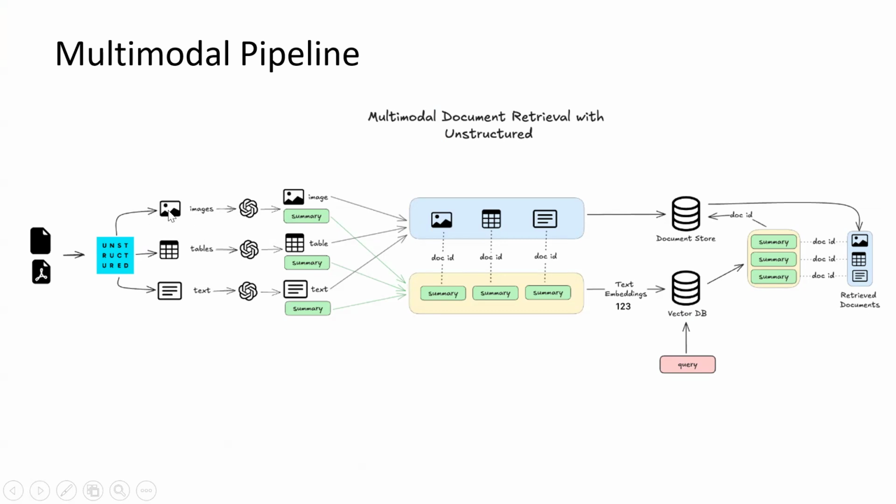Maybe it will say, I have found 10 images in this document, I have found 5 tables, and I have found this narrative text. It will make a list of all these things, and then we will pass all these elements to the LLMs to create the summaries. So that table will be converted into HTML, and that HTML text will be sent to the LLM to get the summary out of it.